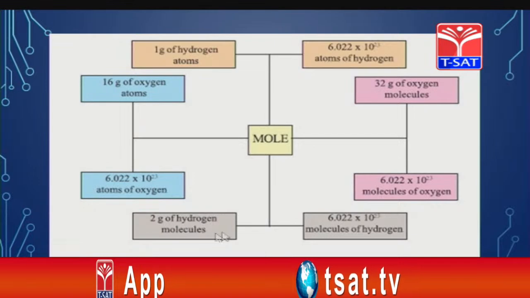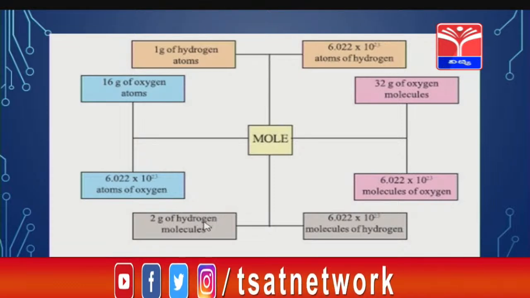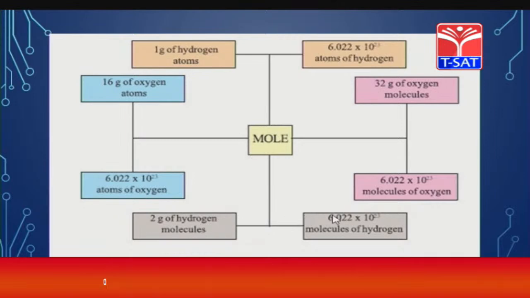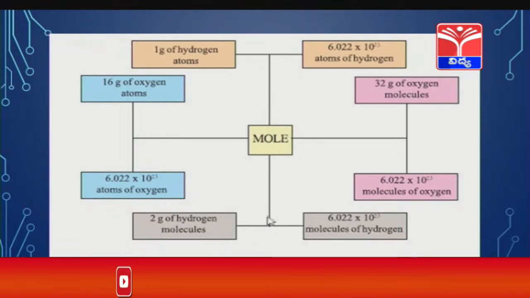But now, if I am taking hydrogen gas, which contains diatomic hydrogen molecules H2, then what is the molecular mass of H2, children? It is 2 u. And if you are considering Avogadro number of molecules of hydrogen, then the molar mass will be 2 grams, and that is called 1 mole.